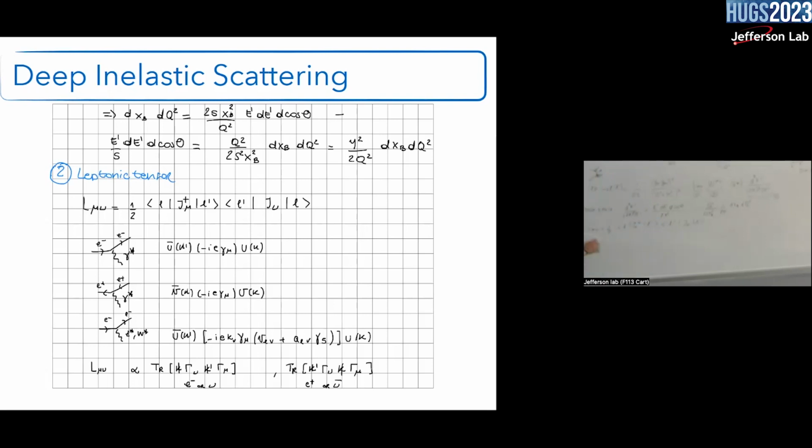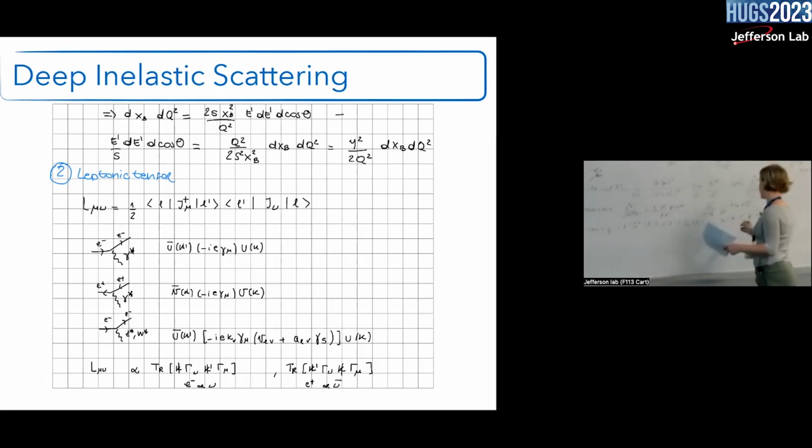So if you take the trace, you get something proportional to the trace of K slash gamma mu K prime slash gamma nu.